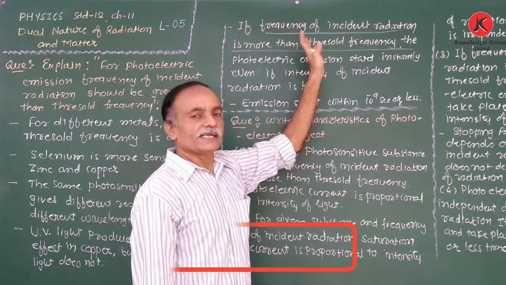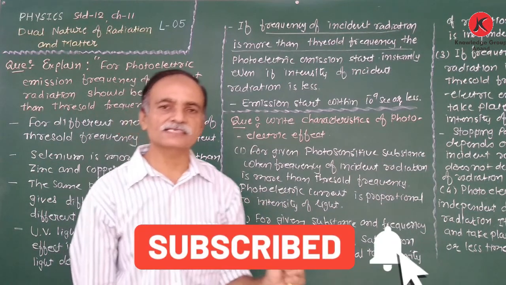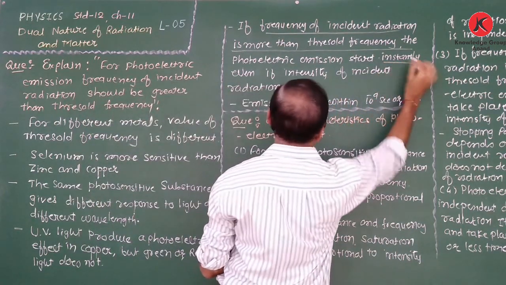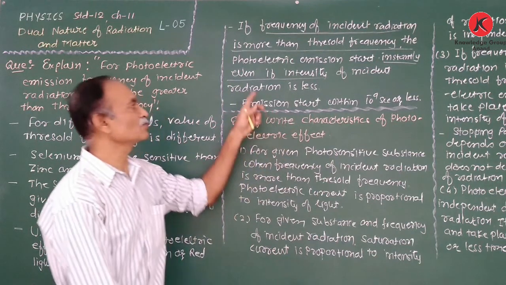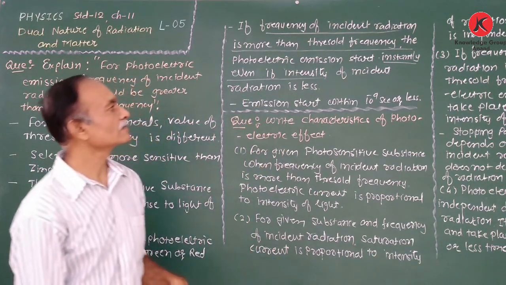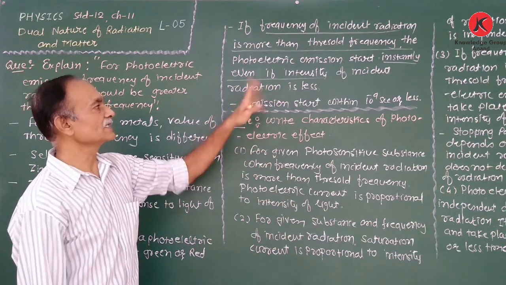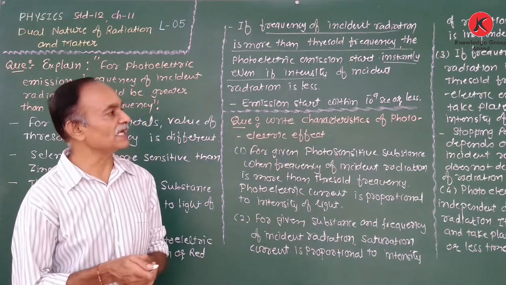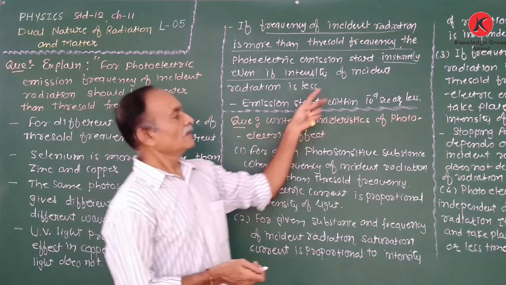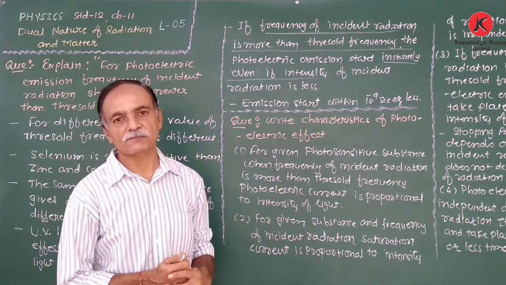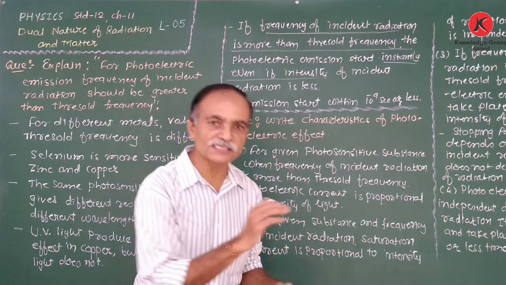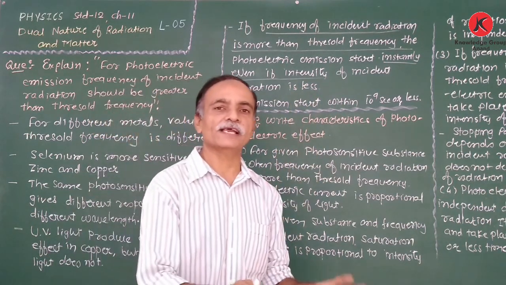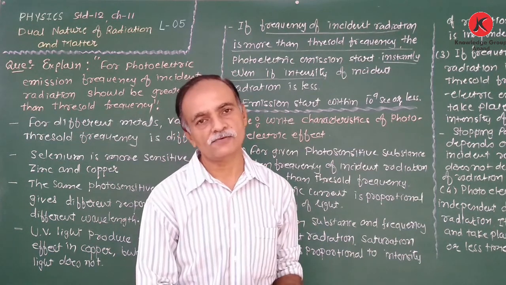When radiation with a frequency higher than the threshold frequency is incident on a photosensitive surface, the photoemission starts instantly, within 10⁻⁹ second or less, even if the intensity of the incident radiation is low. So the emission of photoelectrons from the photosensitive surface is instant. As soon as the light starts to be incident on it, within a 10⁻⁹ second time interval, the photoelectrons start to be emitted from the photosensitive surface.